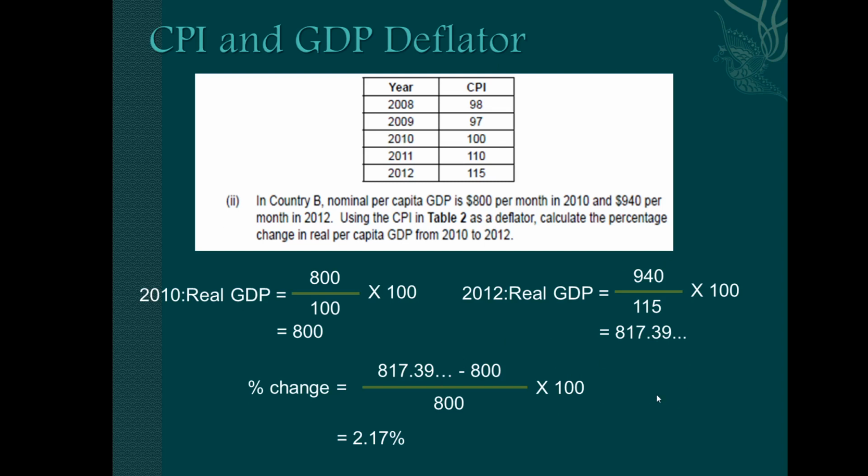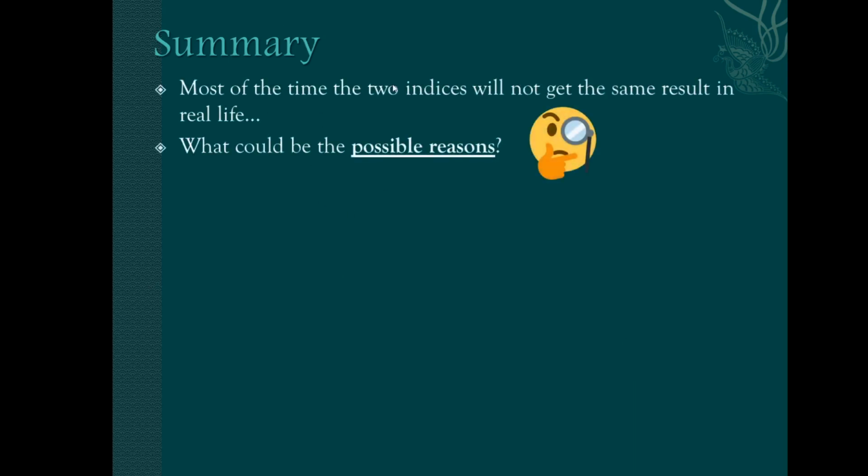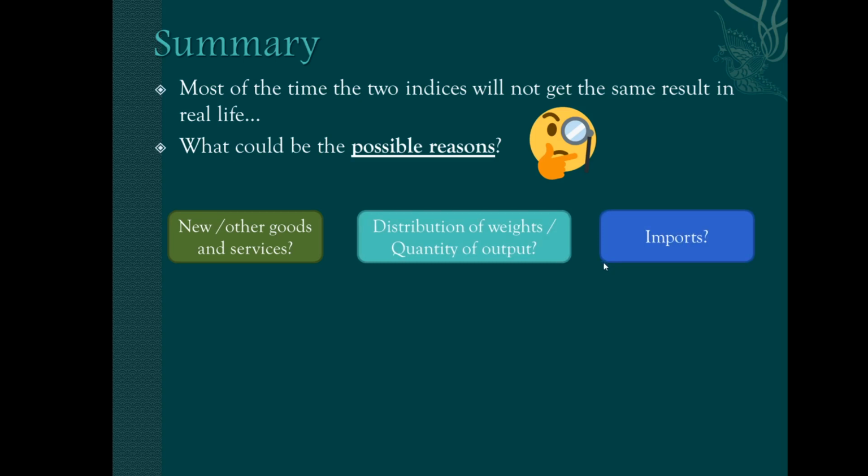So in summary, now we know those two indicators, most of the time you will not be able to find the same results, because of all those questions that we have to ask ourselves. Do we have to count the inputs?